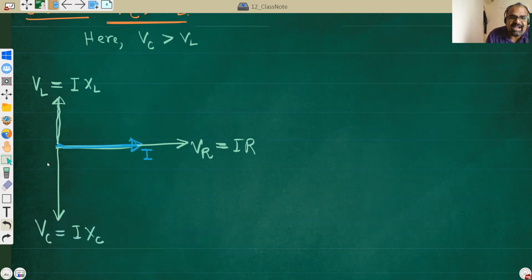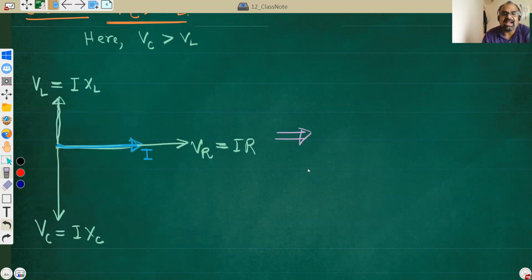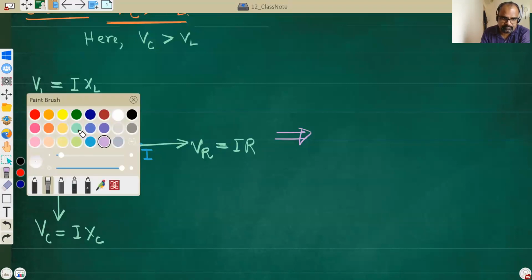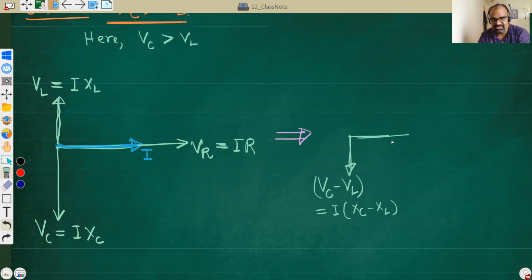Okay. So when we add these two, the result will be downward. So this will be downward, and this will be VC minus VL, and its value will be I into XC minus XL. Then VR will be in the same direction as it was here. So this will be VR, which will be I into R. And of course, I will be in the same direction as it was here.